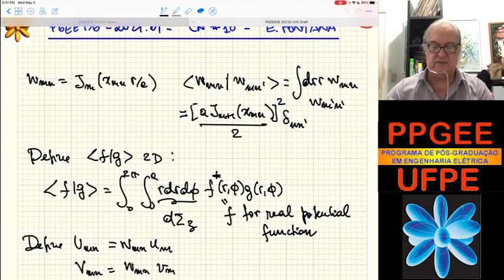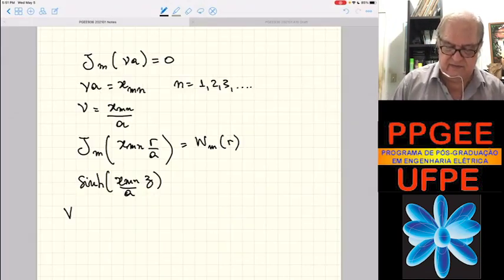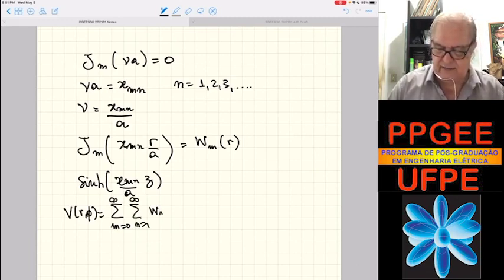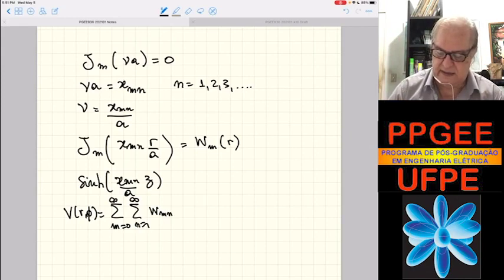Orthogonal. What we do is, when you go to r equals a, let's do it here, you have to impose V of r, phi equals the sum of n equals 1 to infinity W_mn. I'm going to omit the arguments.